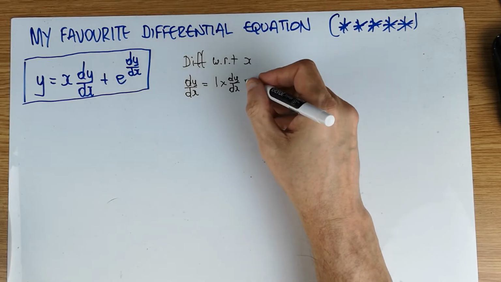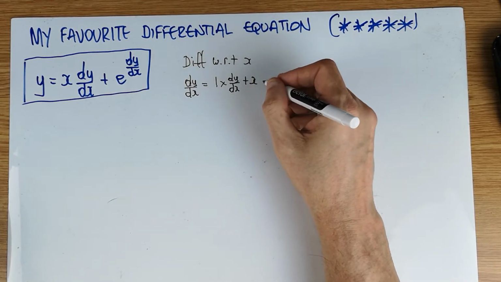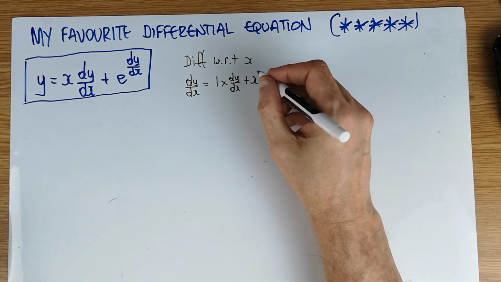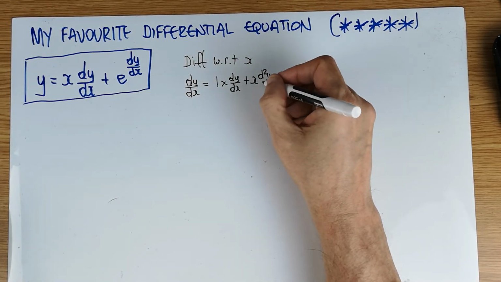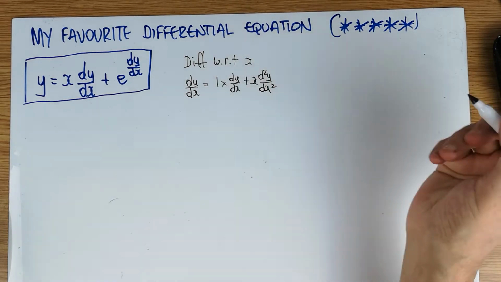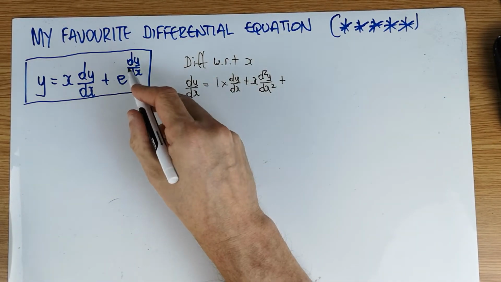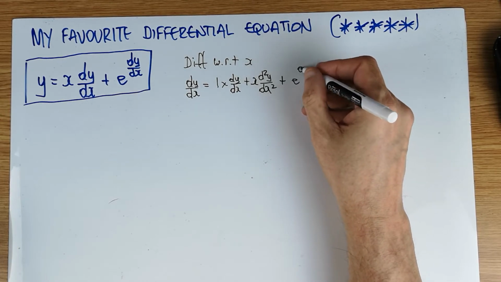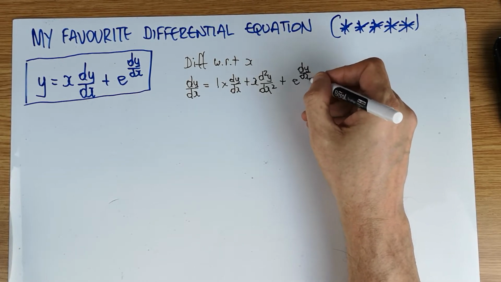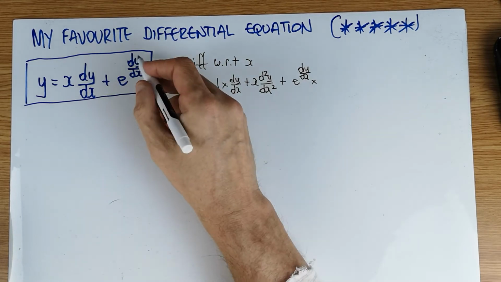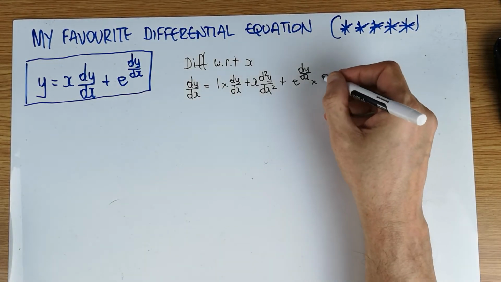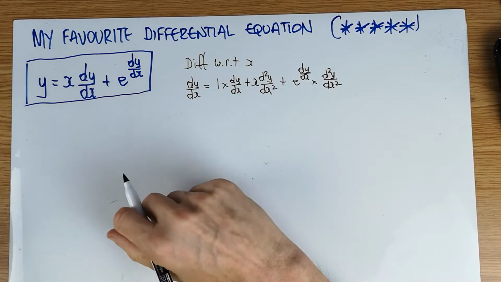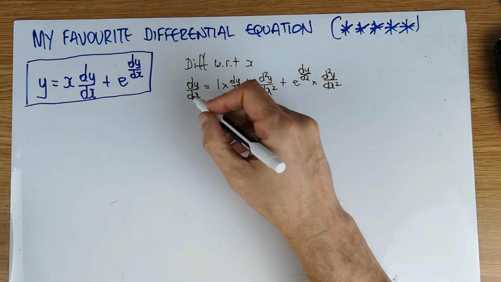So we have, of course, x, differentiating now this with respect to x, is going to give the second derivative, and now we have a chain. Exponential will differentiate to itself, so e to the dy by dx times the differential of its argument, which of course is the second derivative. Rather nice.